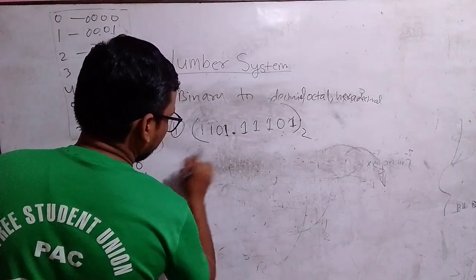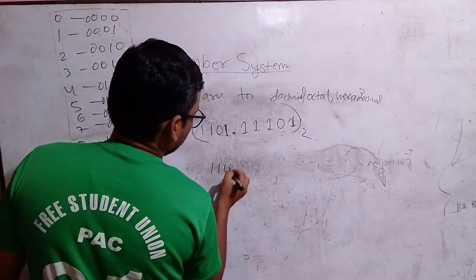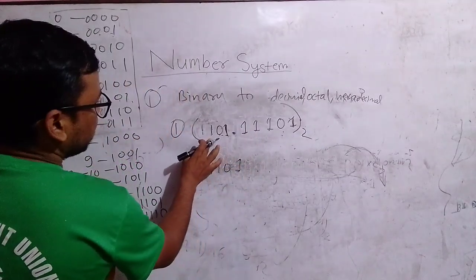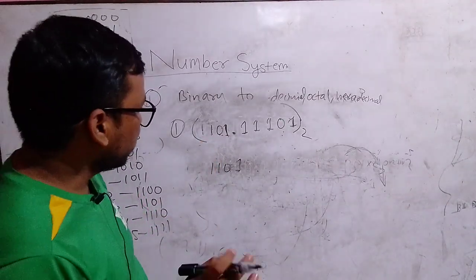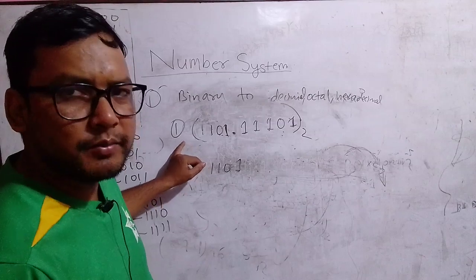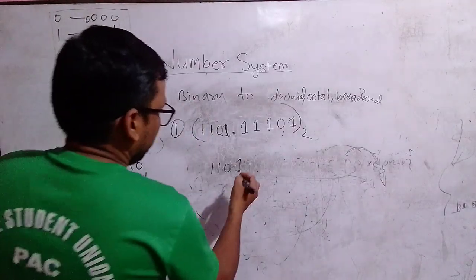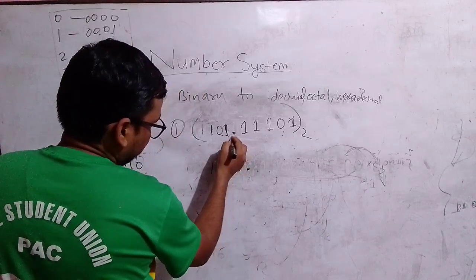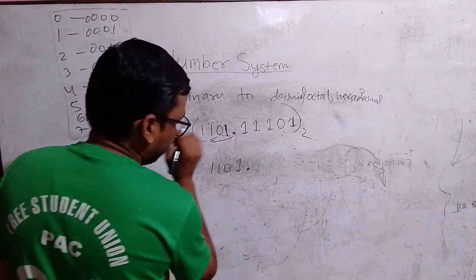That means it contains the 4 digits 1 1 0 1. If it did not contain 4 digits, we could add the required number of 0s to the left hand side, because this is the integer part, and we form the groups by taking the reference of this dot point.